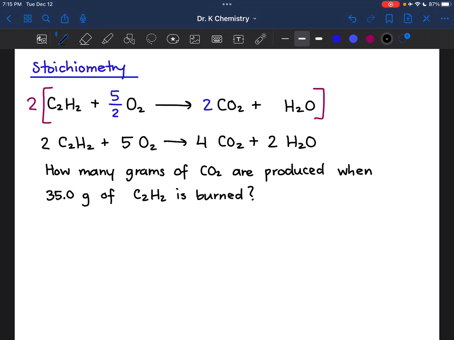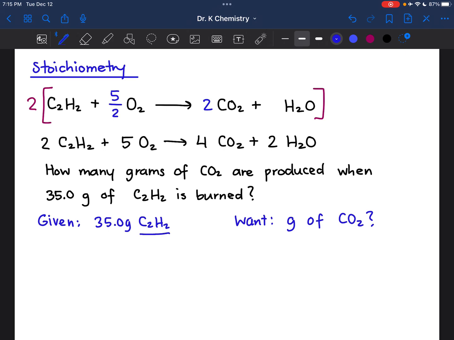So now that we have a balanced chemical equation, we can turn to our problem. It's telling us that we have 35 grams of C2H2, so that is given. And it's asking us to solve for grams of carbon dioxide that are being produced.